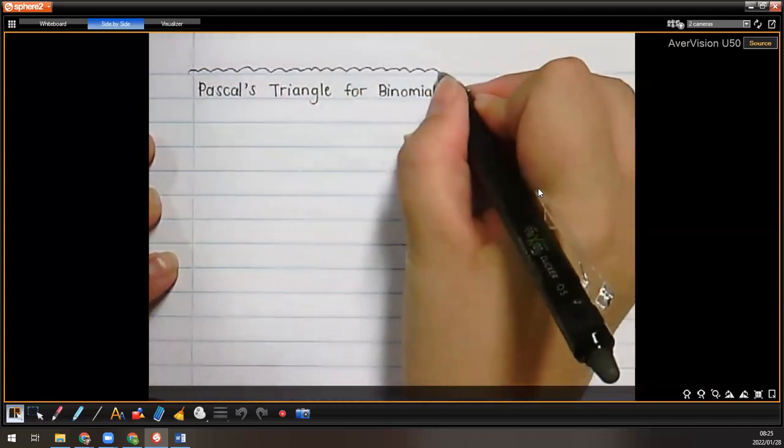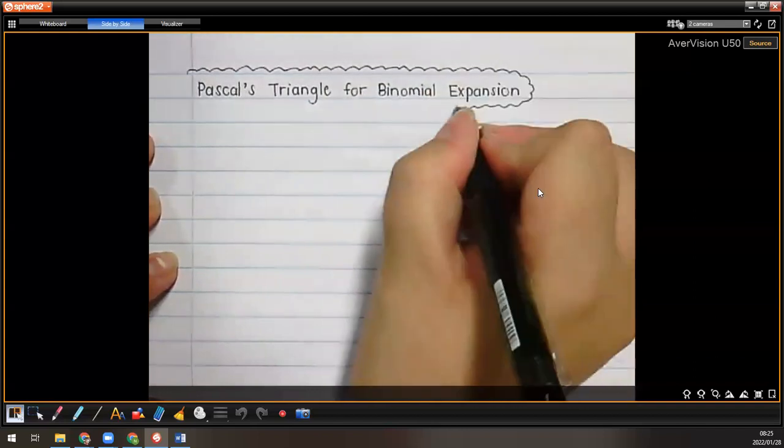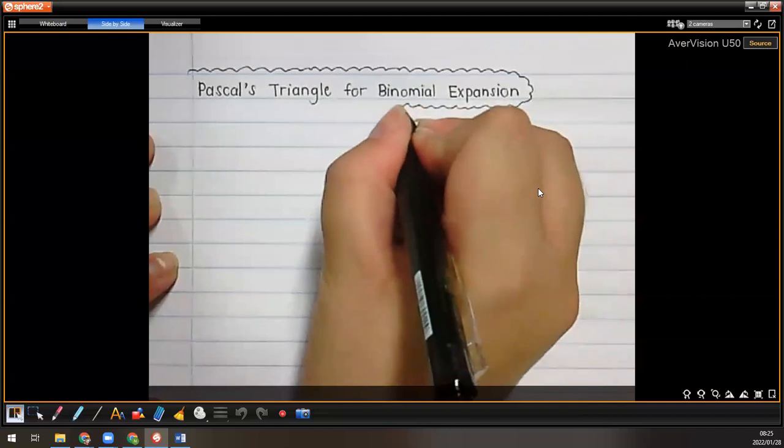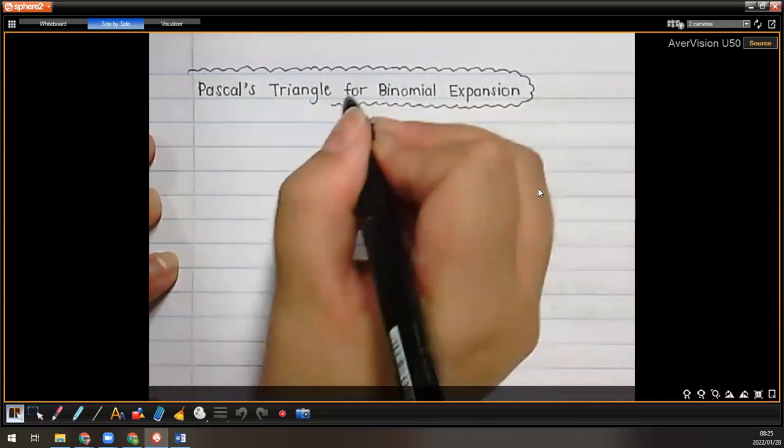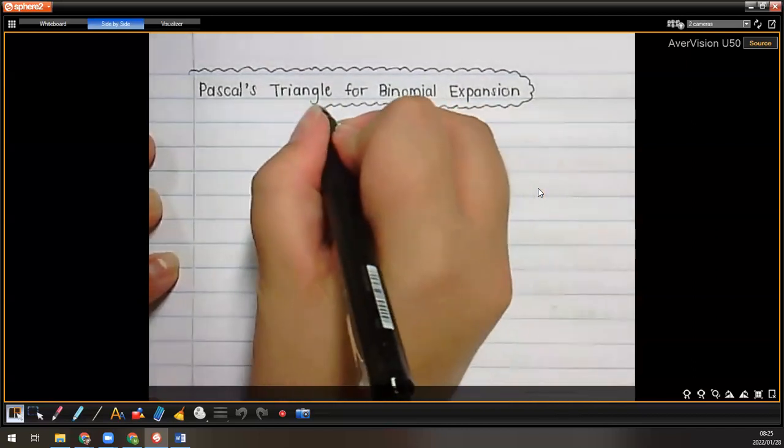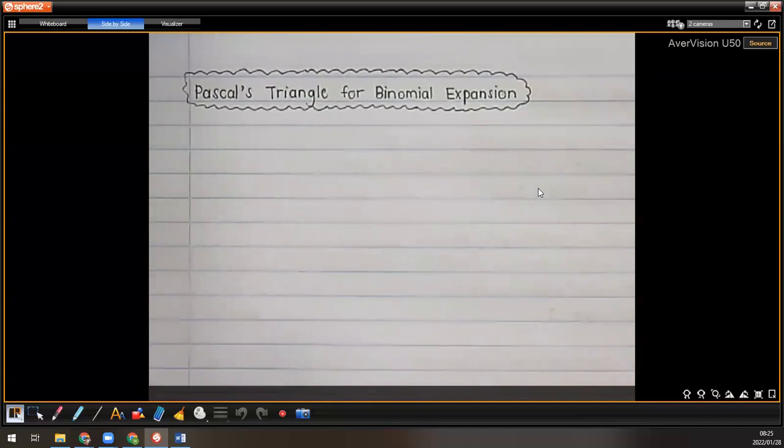For binomial expansion. Okay, and one page will be enough space. So just leave that page open and then we will come back to this on Monday.